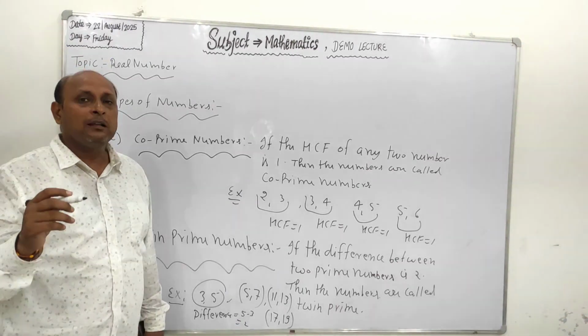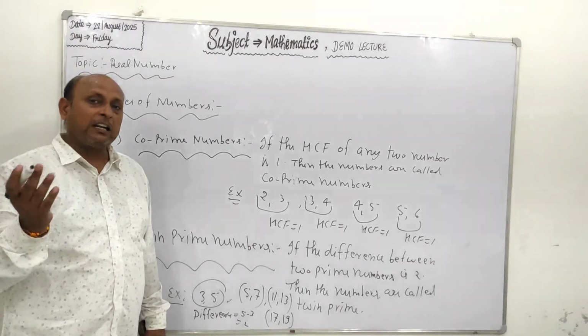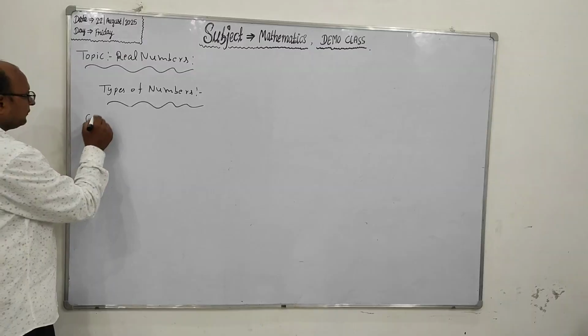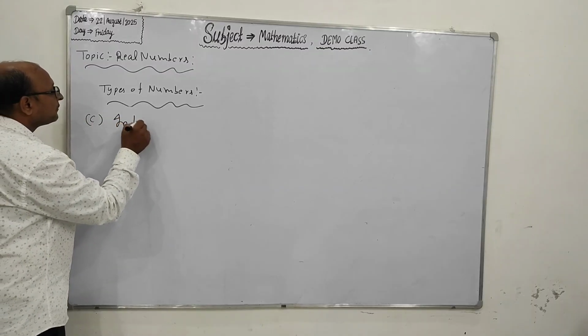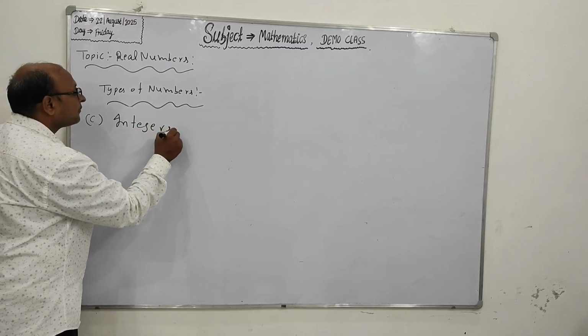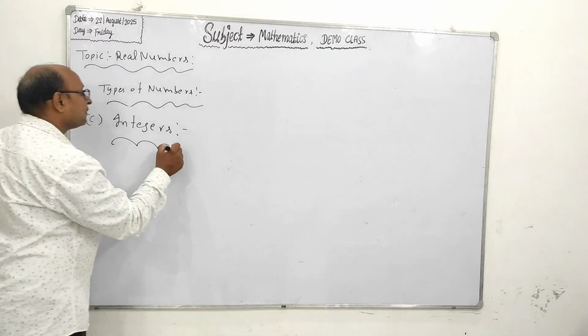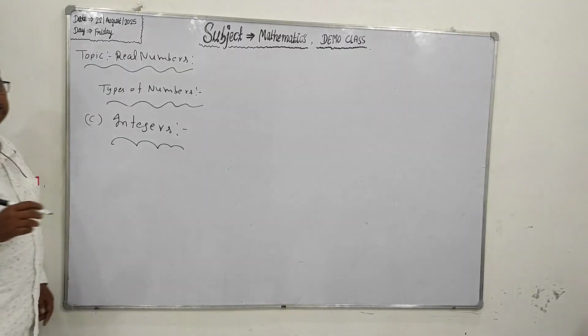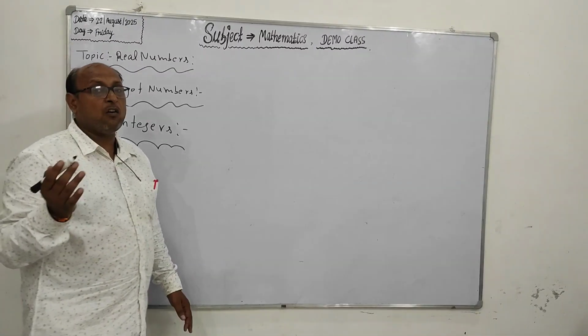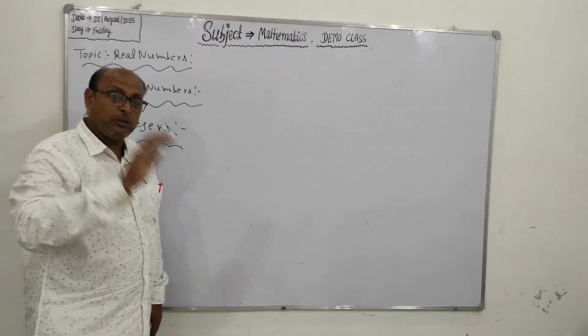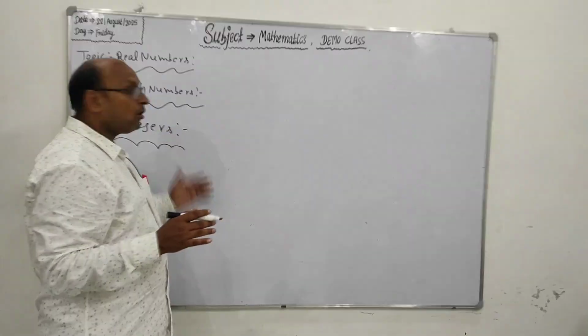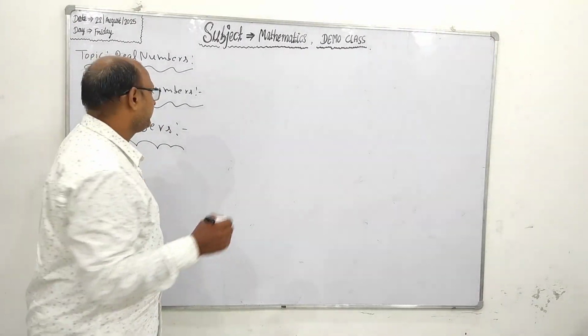Now friends, we start our next part. Integers. The collection of negative and positive numbers are called integers.